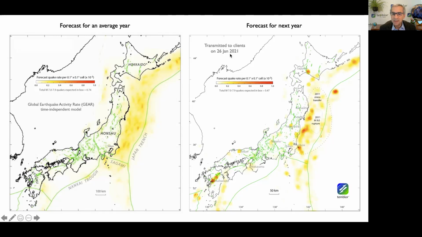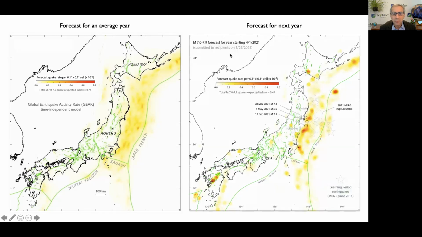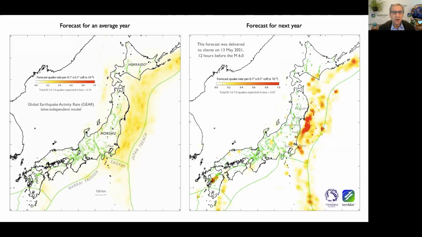What's happened since? We've had 3 large earthquakes, 3 sevens in the region that it was forecast to have a much higher than average hazard. So this is a blind forecast and it's looking quite good. And as a result of these 3, we recalculated the hazard, and that's shown here.